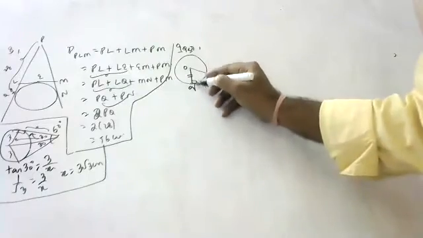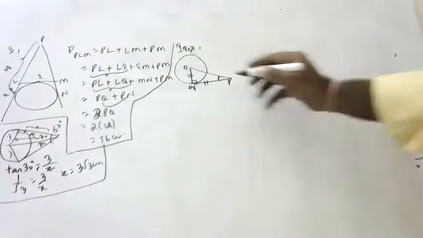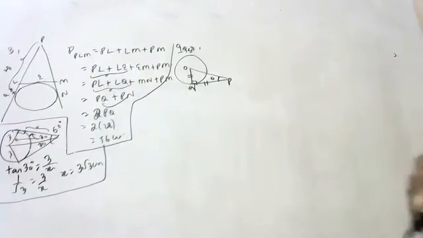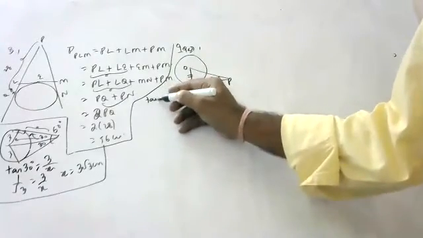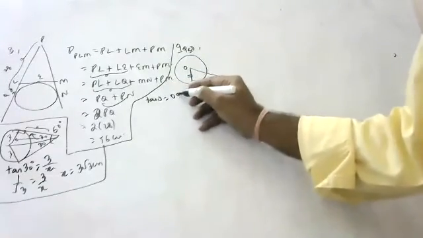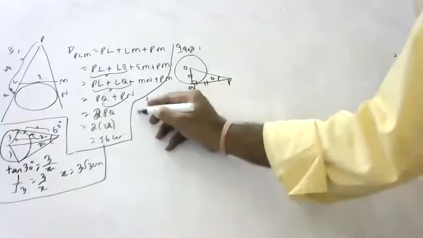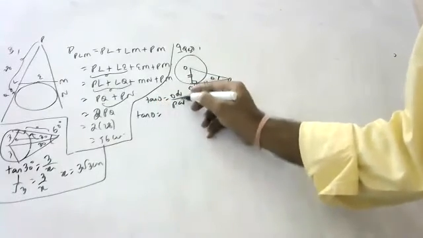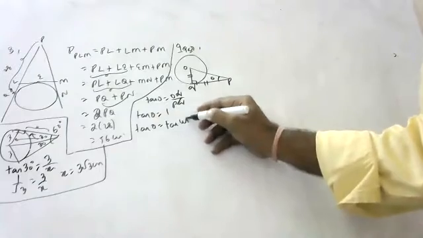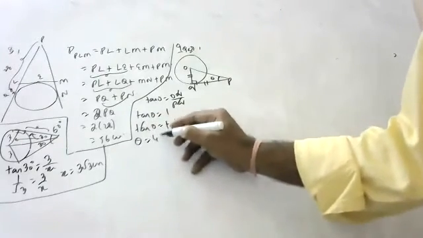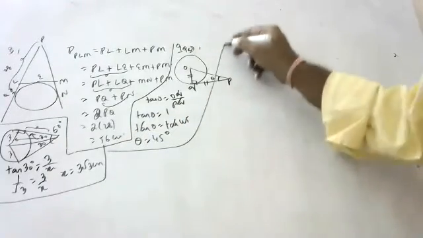What is this angle asking? 45 degrees. So tan theta is equal to OQ by PQ, which is 1. Tan theta is equal to tan 45. Theta is equal to 45 degrees.